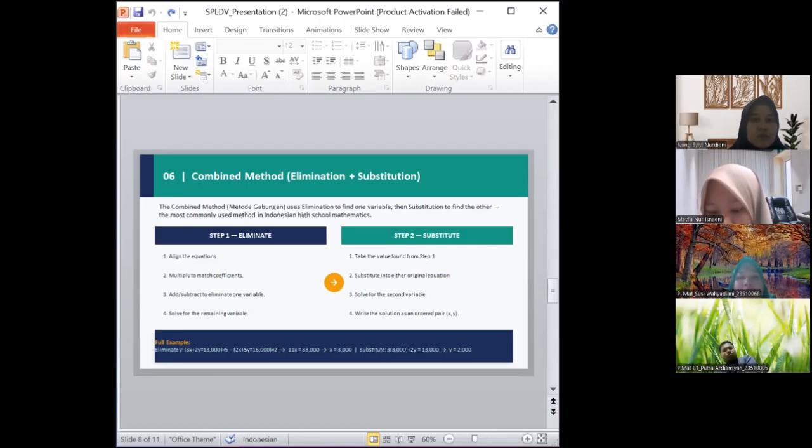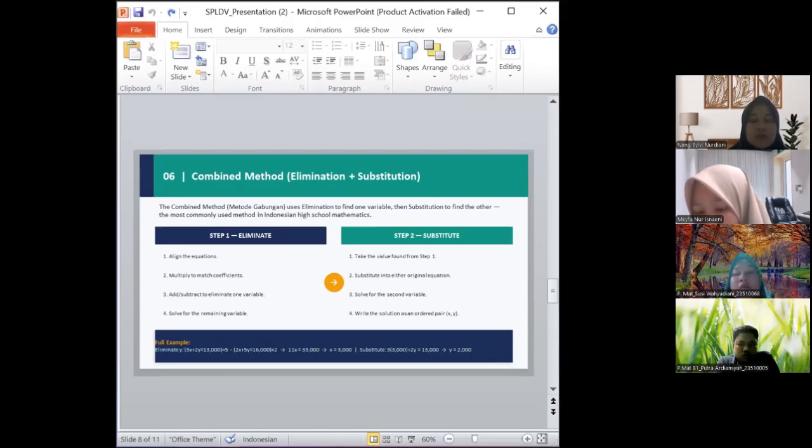The combined method is what most Indonesian students learn first. We eliminate one variable using multiplication and addition, then substitute back. For problem 2, 3x plus 2y equals 13,000 and 2x plus 5y equals 16,000.